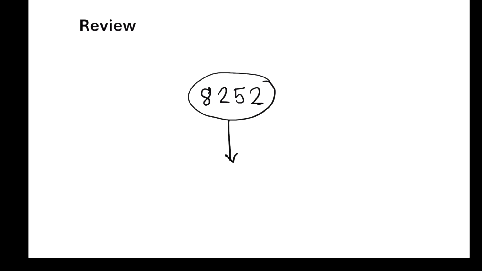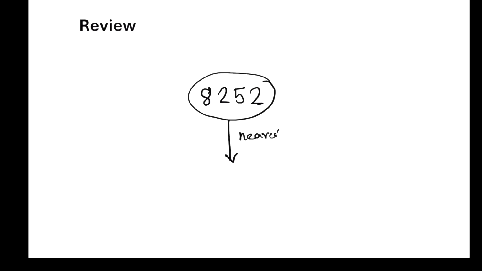Let's review what we learned so far. I'm taking a number, 8,252. When I am rounding to the nearest 10, let's see what happens.